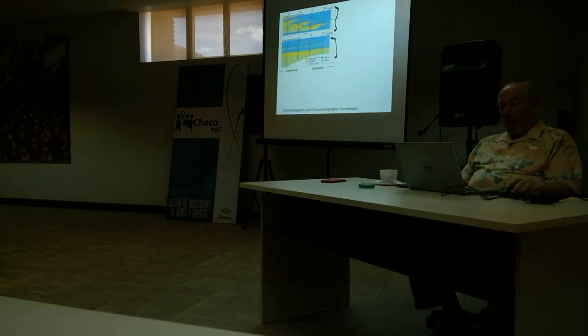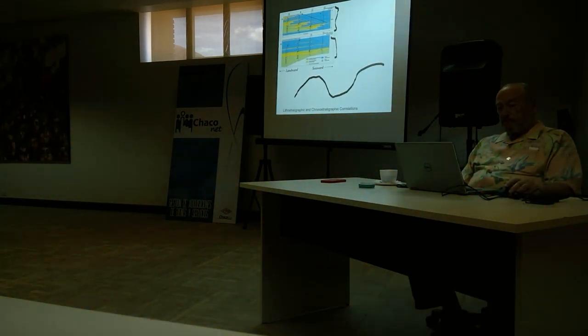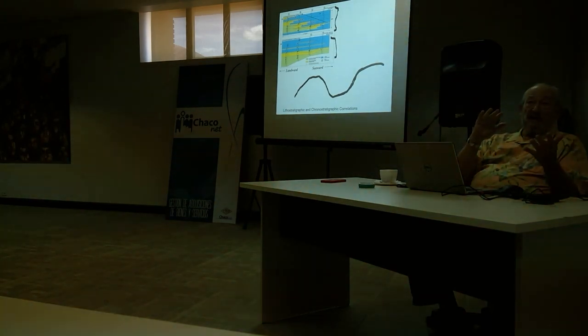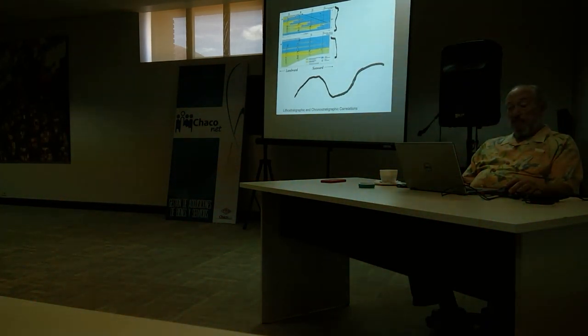So on our sea level curve, something like that, we get a marine transgression on the rising stage of our sea level, but really you've got a higher frequency of cyclicity of sea level. So actually you'd have to superimpose this higher frequency on the lower frequency.